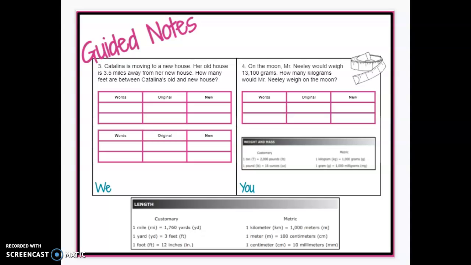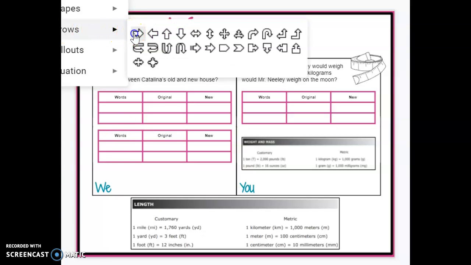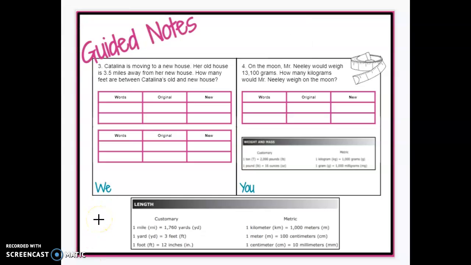Okay, number 3. Catalina is moving to a new house. Her old house is 3.5 miles away from her new house. How many feet are between Catalina's old house and new house? Okay, so we are looking for, and I'm going to use some arrows here, we need feet and miles.